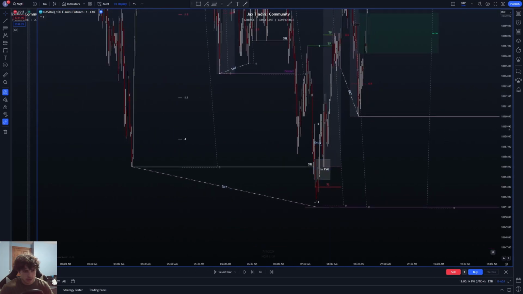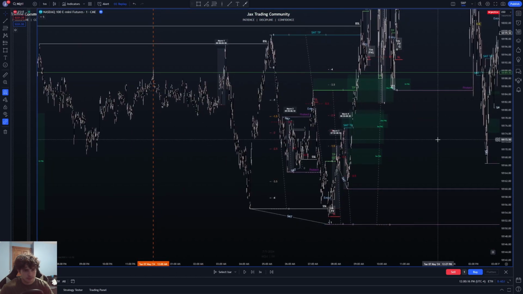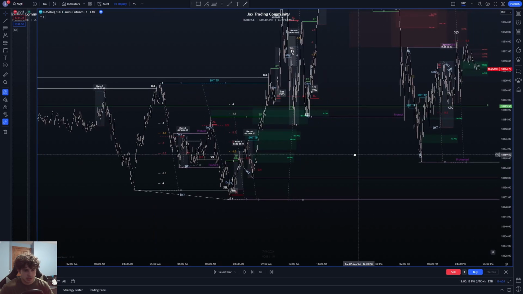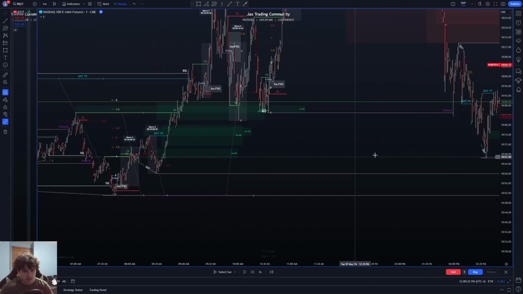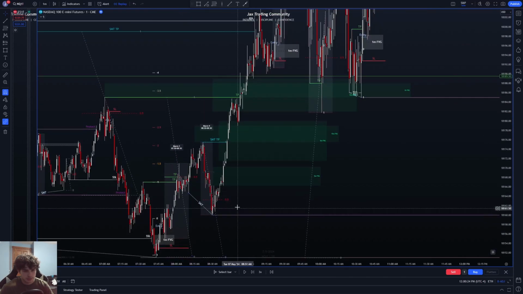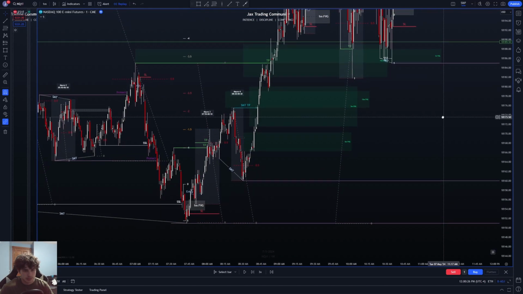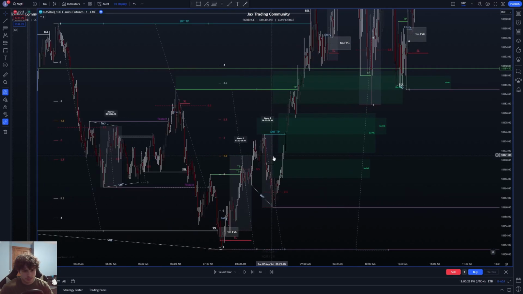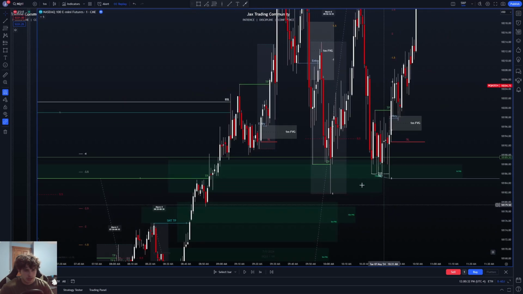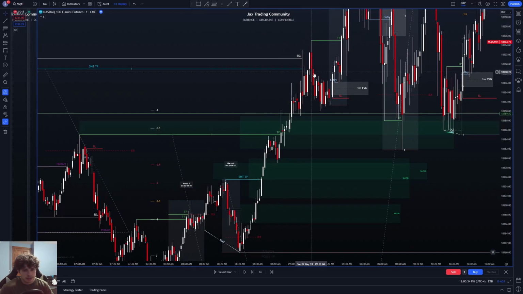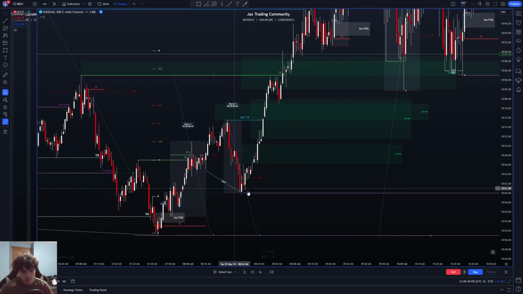Now, externally, we have a protected low right here. And we also have a protected low right here. So keep in mind, we are bullish for the day because we've been trading below the daily open. That means that any buy side protected highs are very, very likely to get taken a little bit more than the sell side protected highs, right?